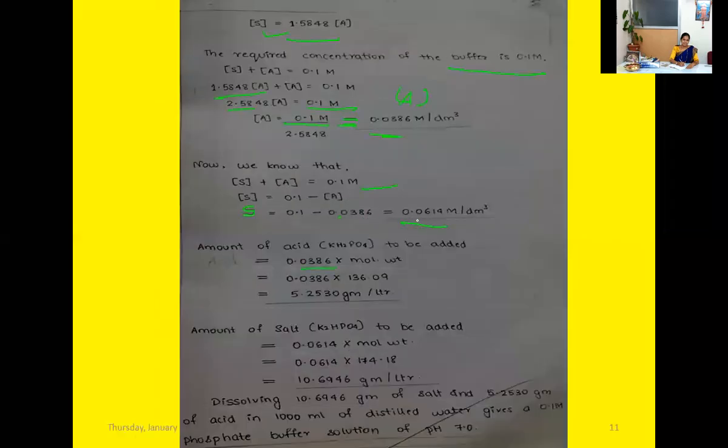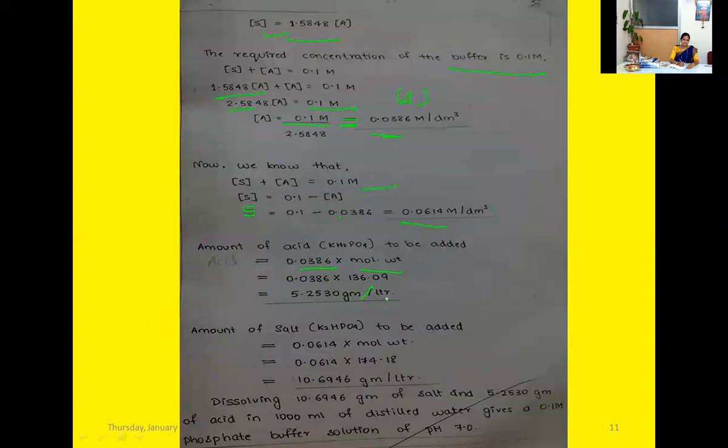That molecular weight you write here, multiplied with the acid. Then 0.0386 into 136.09 will give you 5.2530 grams per liter.